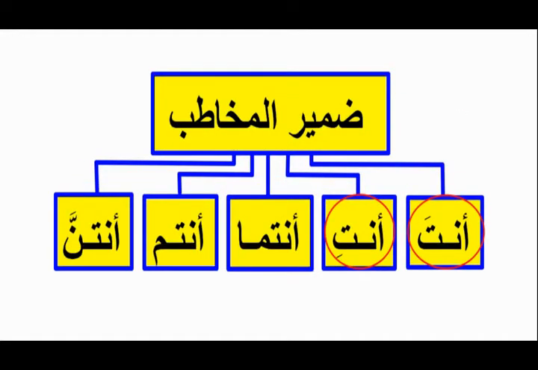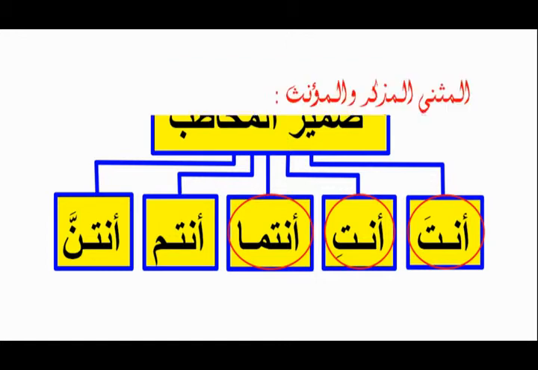And then if it was antuma, referring to two of them, an example of that would be, if we can get something up here, bismillah, let's see if this thing is working. Okay. Antuma talibatani mutafawwiqatani.